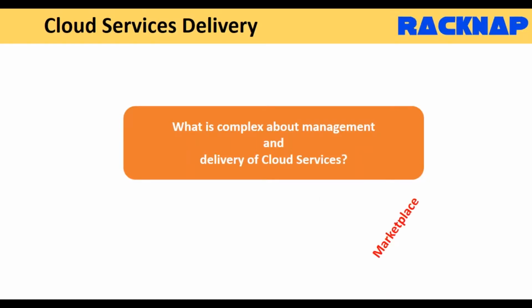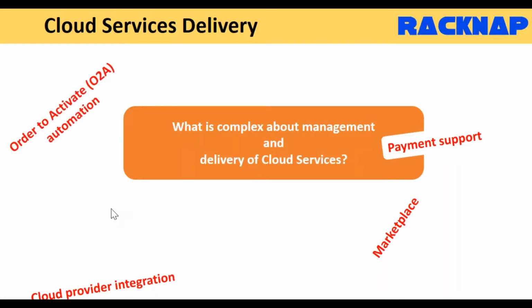For example, you might need a pretty robust marketplace with which you may want to offer the service to customers. The next one is you need good integration capability with the public cloud providers like AWS, Microsoft, IBM, Google, etc. Then it's very important to have payment support, because you need to be able to bill the customers on a regular basis with payment options included.